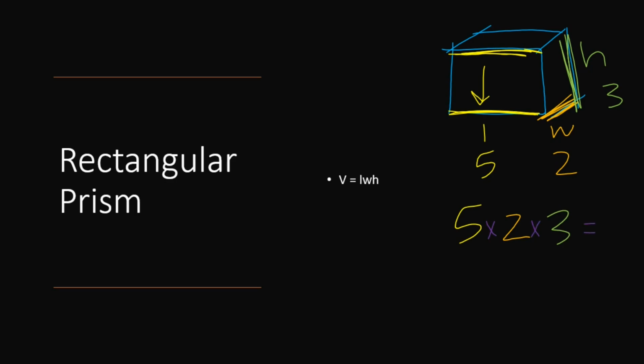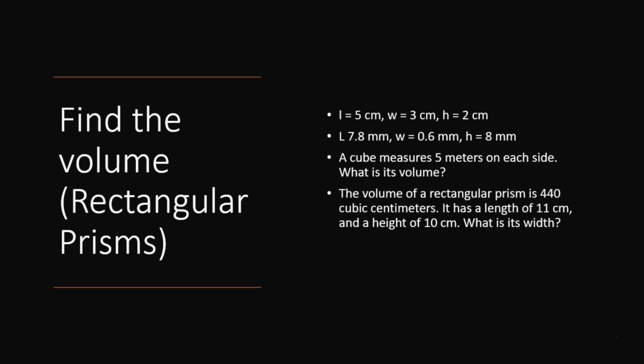You multiply it and you get 30. So the volume is 30. But remember, volume is measured in units cubed. And since units weren't provided in this problem, you would just say 30 units cubed. If you had, let's say, inches or centimeters, you would say centimeters cubed.